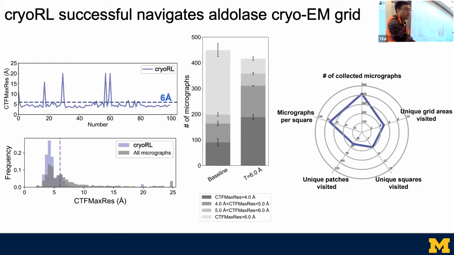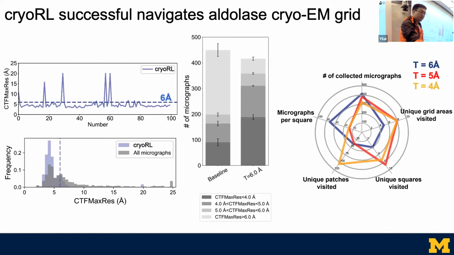It only visited around 50 unique patches, only 6 squares, and only 5 unique grid areas. We also compare this with the policy network we trained with different threshold numbers. If you still remember the reward table, this threshold number defines the strictness of the reward table.